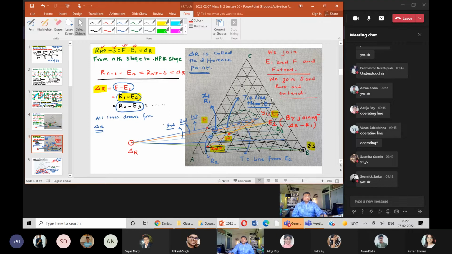So this is to get the difference point. Delta R is called the difference point.